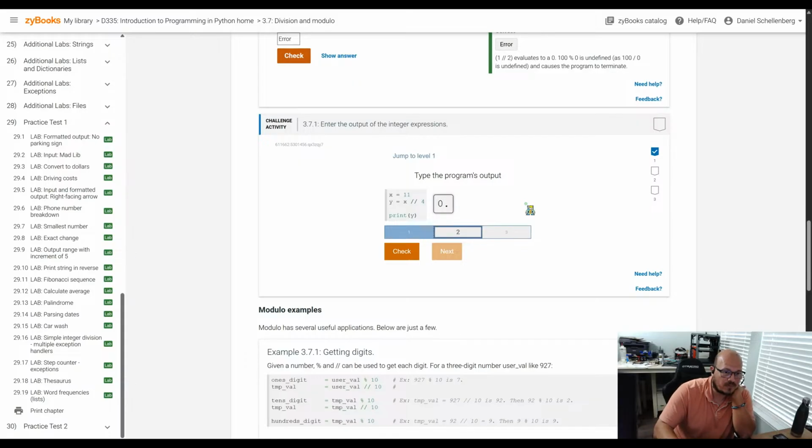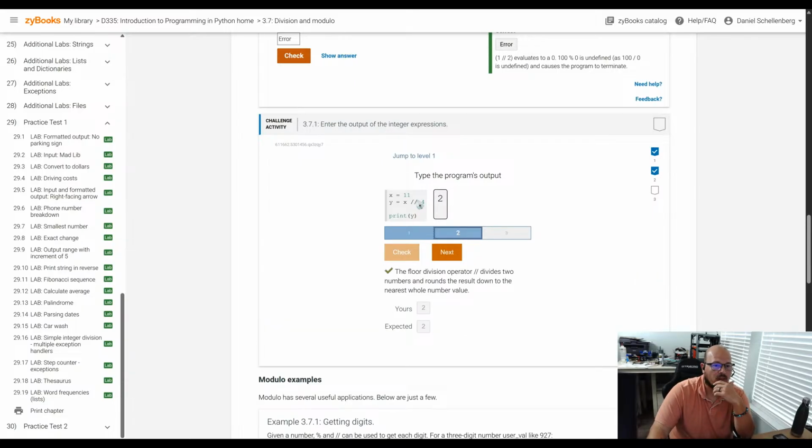But because of the floor division, I think I said floor modulus, and I'm sorry, but because of the floor division, we are going to get rid of everything to the right of the decimal, and so it should be 0, right? No, nope, I just realized I did the math wrong. I accidentally only did 1, not 11. So 11 divided by 4 is 2.75. So this is actually going to be 2.